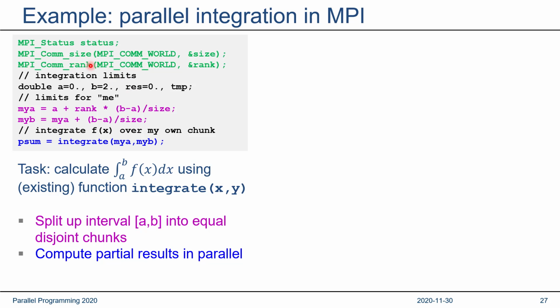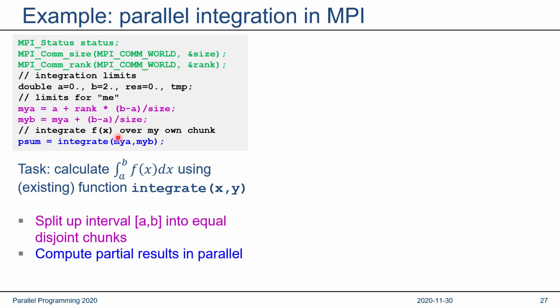Everything that's green in this program is MPI or MPI specific. The splitting up of the interval is in purple. So here we calculate the start and the end limits for the local integration space. The starting point, of course, is a plus rank times the size of the integration space per process, and the end is just the beginning plus the interval size.